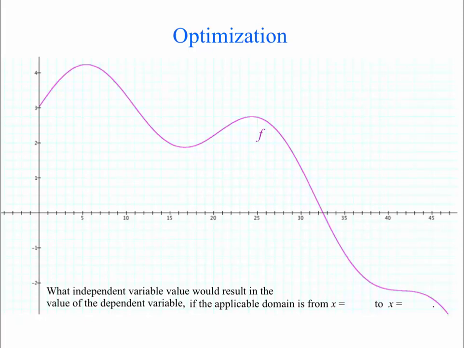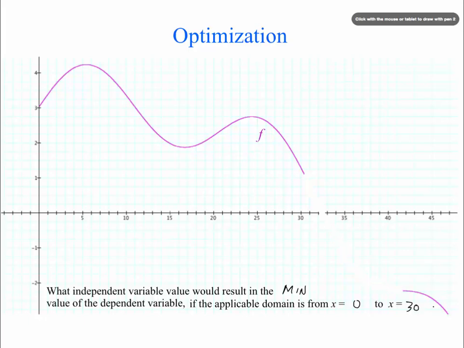Let's do a min this time. From 0 to 30. Okay, from 0 to 30. What are you going to pick?